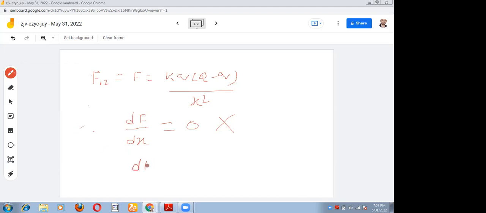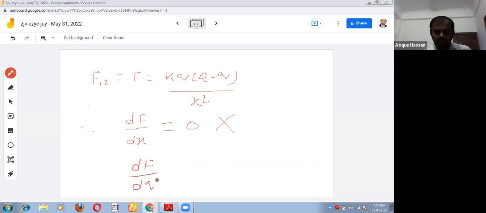Here students make mistakes. We have to differentiate with respect to the variable, not the constant. Correct. So now you differentiate it. We have to find out dF upon dq.